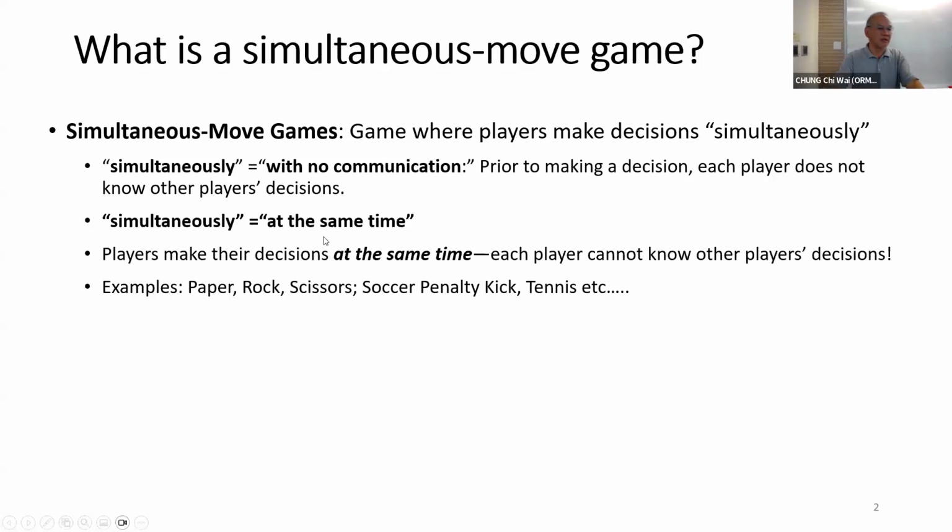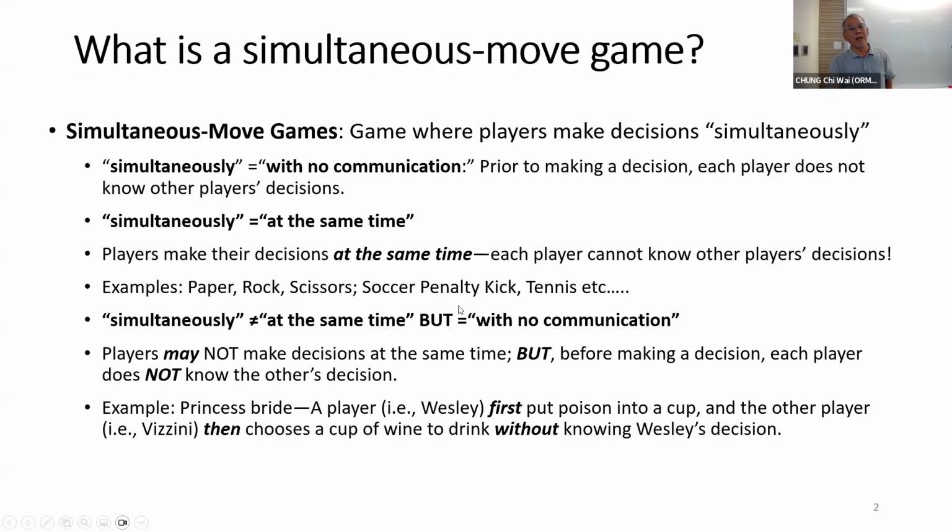Simultaneously does not necessarily mean at the same time. Players make decisions at the same time, like paper, rock, scissors, or the soccer penalty kick. But we also make an assumption: they may make decisions not at the same time, but the point is they cannot cooperate.